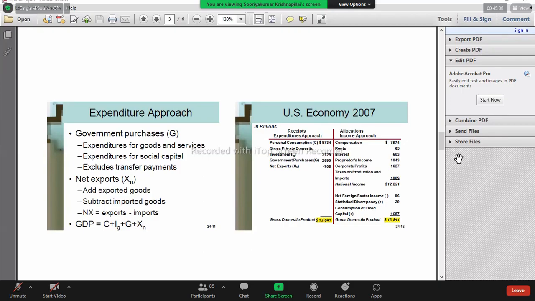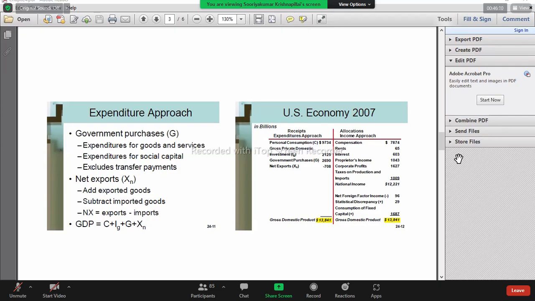We calculate gross private domestic investment, and any capital we purchase is included. But when we count income, the profit, we deduct the depreciation. So to balance, we again add the depreciation, that is consumption of fixed capital.